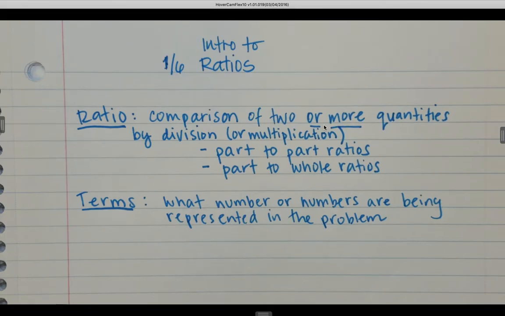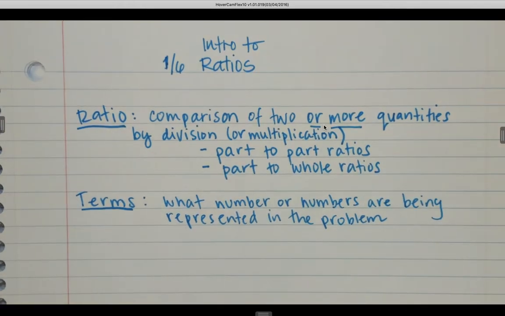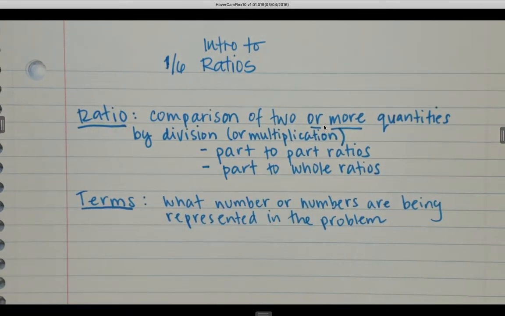So if it says what are the terms in the problem, it just wants you to write what are the numbers. So I just write that down in case you should get stuck while you're working out of your textbook.